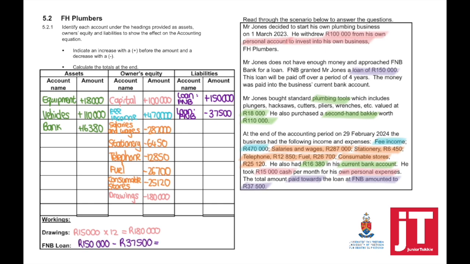So if you alternatively want to show this, you could say 150,000 is how much we've borrowed, minus how much we've paid back, and that will equal 112,500, which is still owed to FNB Bank. So my total assets equals total owner's equity plus our liabilities. If I add those two together, it must equal my total assets.